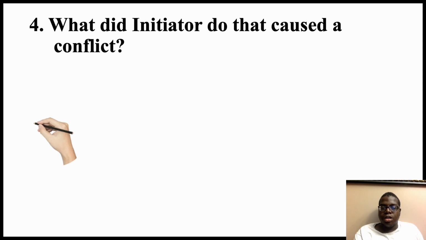Read the question. Question 4. What did initiator do that caused a conflict? Think back to the snippet. Remember the answers for the first 3 questions. Now we read those questions and answers to help see what is connecting them together. He bumped her, knocking her journals down.